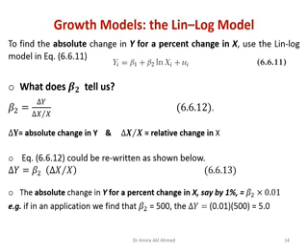This equation could be rewritten as shown in equation 6.6.13. This last equation states that the absolute change in y is equal to the slope coefficient times the relative change in x. Thus, if x changes by, say, 1%, then the absolute change in y is obtained by multiplying the slope coefficient by 1%.